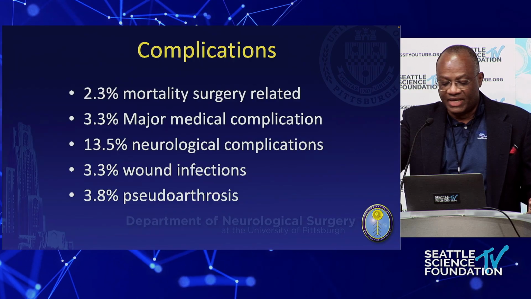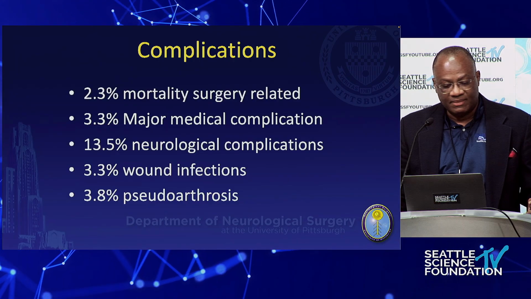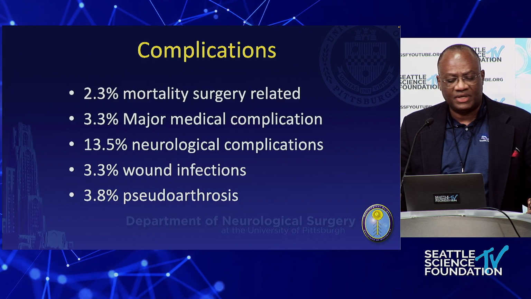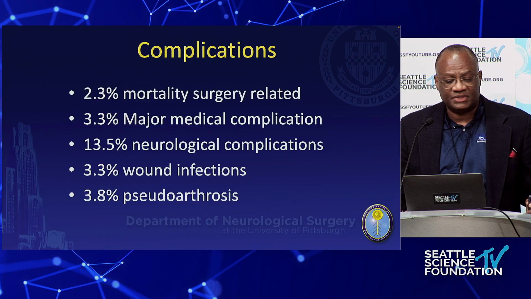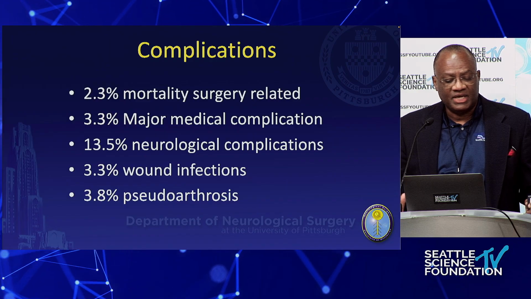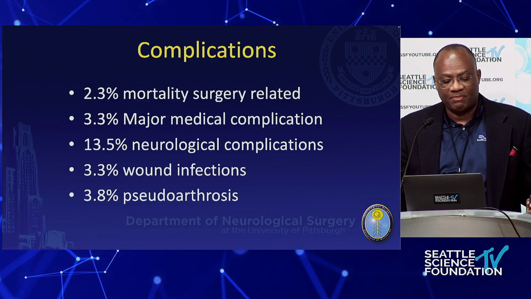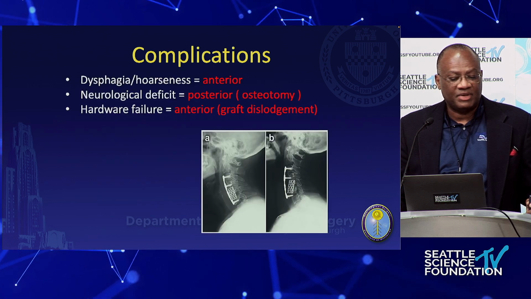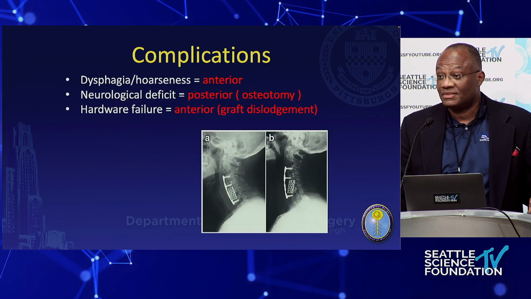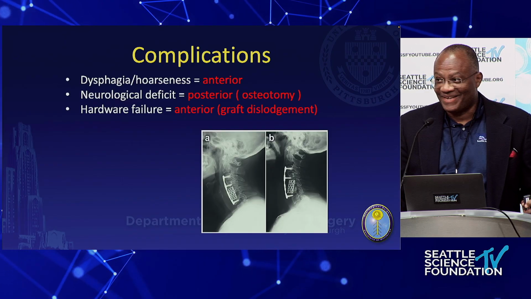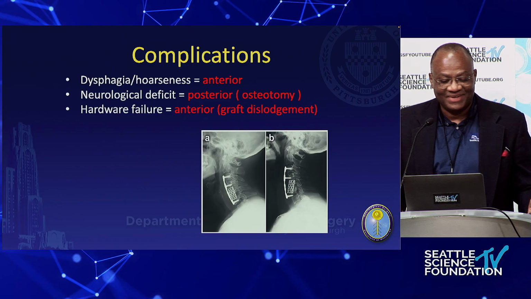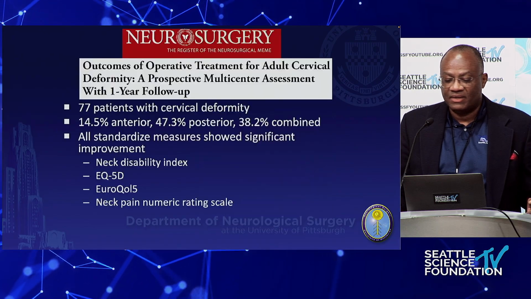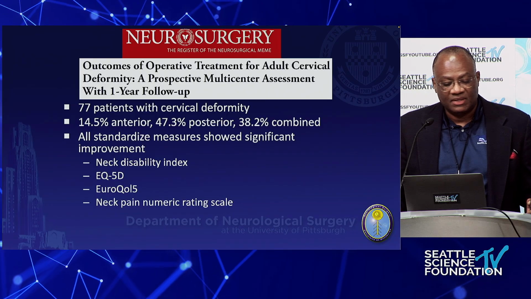So there's a lot of complications associated with cervical deformity surgery, up to 2 to 3% mortality. Major medical and also neurological complications abound, and the complications include dysphagia, hoarseness, neurological deficits, hardware failure, but people do well if it's done properly.